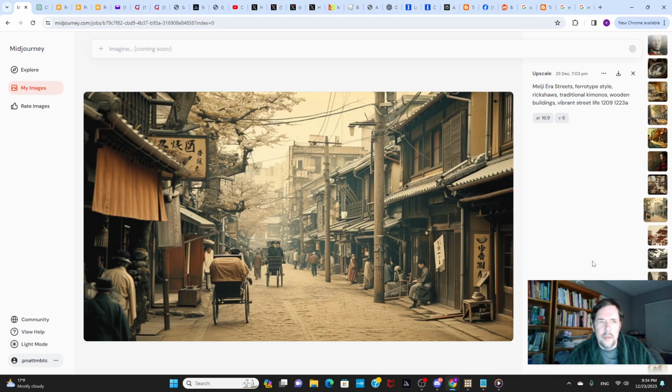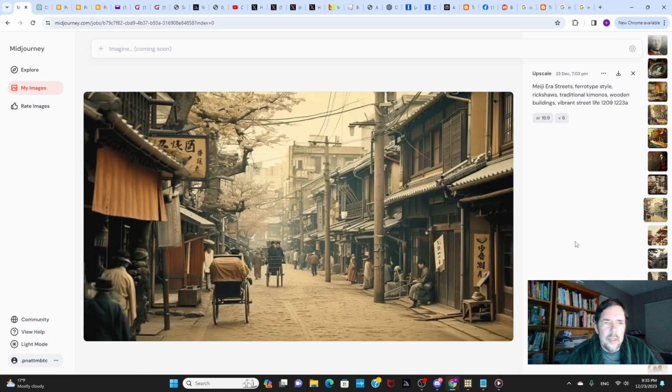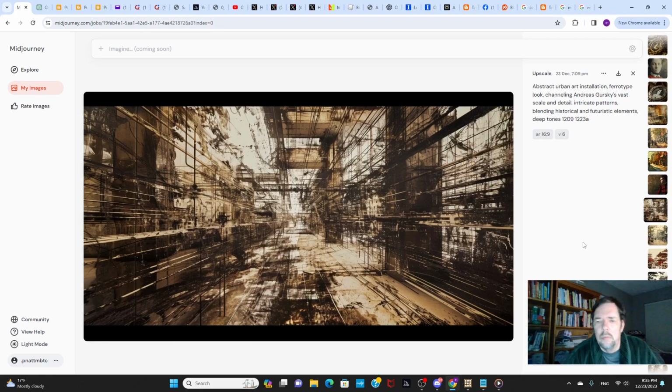I don't know Japanese, but one of the improvements of 6.0 is it seems to have gotten better with writing, because this writing looks reasonable to me as someone who doesn't know the script involved. These are contemporary ones.